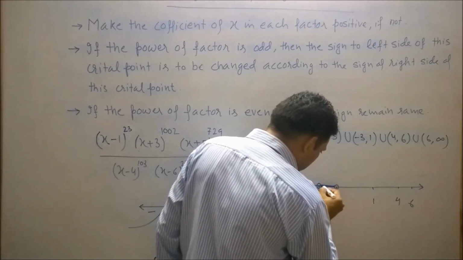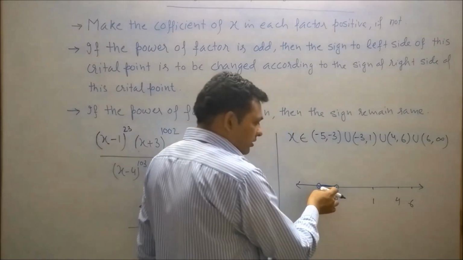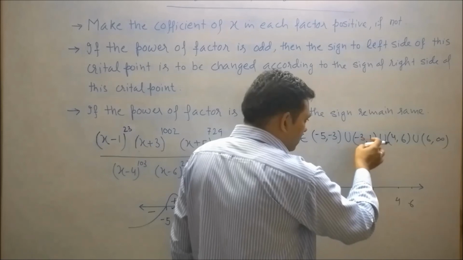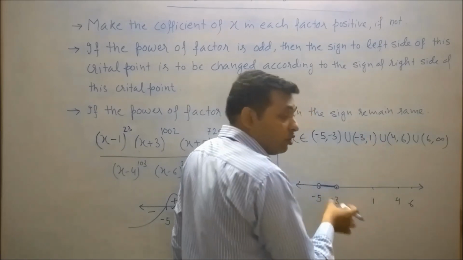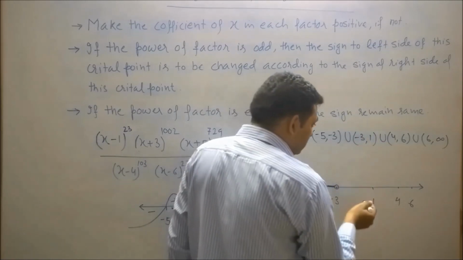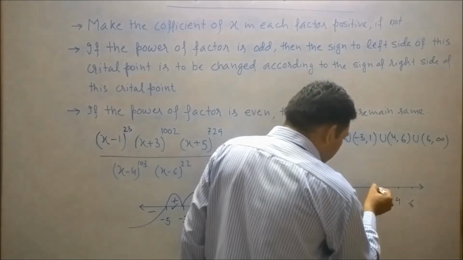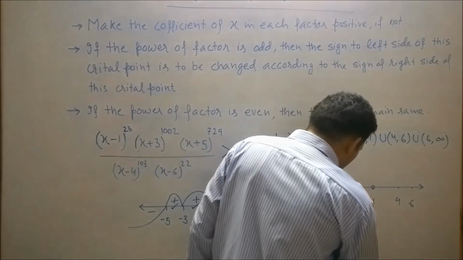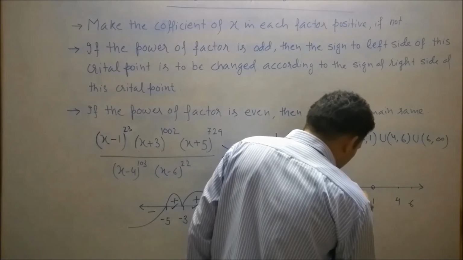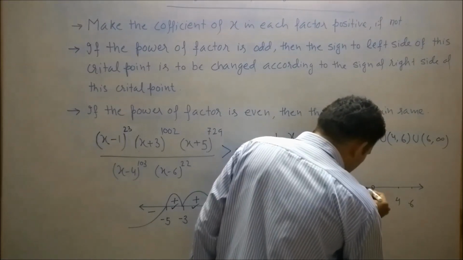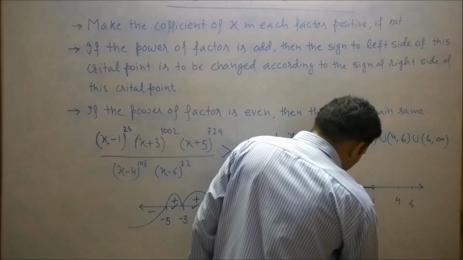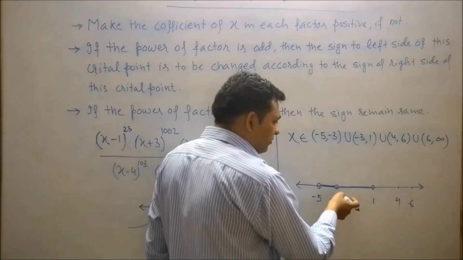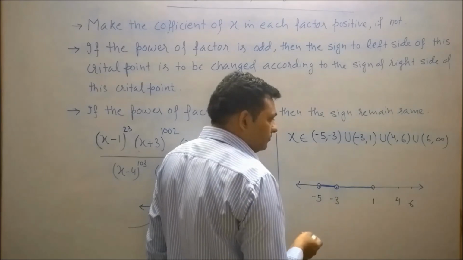Since these are the solution of the given inequality, minus 3 and 1 are enclosed in open brackets, so these points are not included. So we have to draw an open circle also here and dark this part of the number line, since these are the solution of the given inequality.